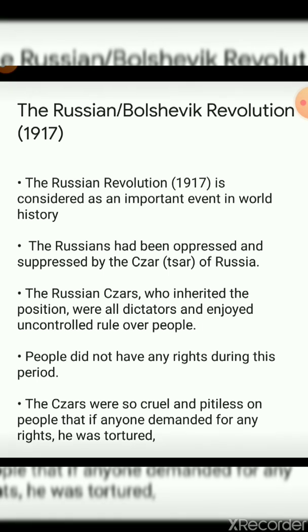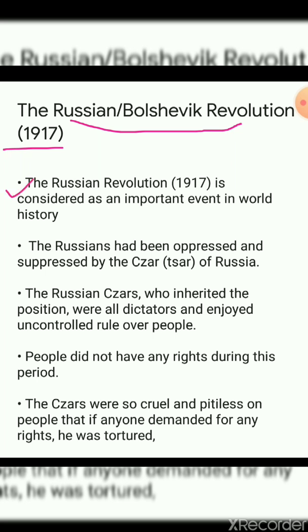Now we will move on to today's topic, the Russian Bolshevik Revolution 1917. What took place in the Russian Revolution 1917 and the Bolshevik Revolution, that we are going to see over here.